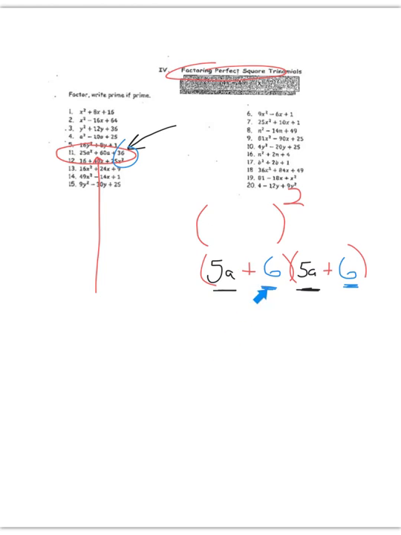It comes from the product of 6 times 5a, which is 30a, and this other 6 times 5a piece. The outside and inside pieces are the FOIL, in other words. 30a plus 30a is 60a, and that's exactly what we have up above. So this checks out. My final answer should look like (5a + 6) squared.